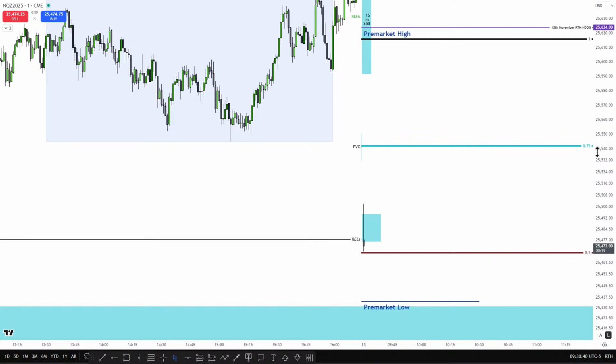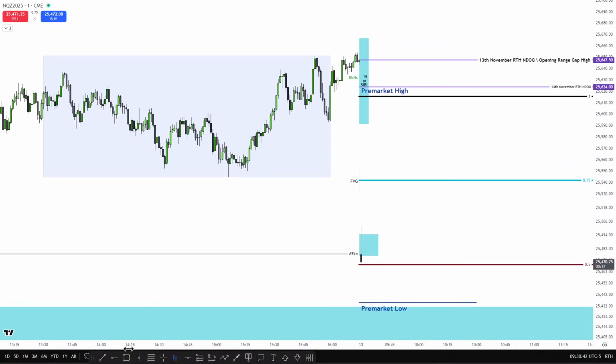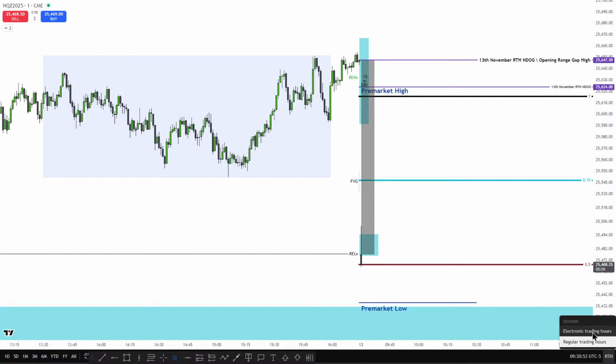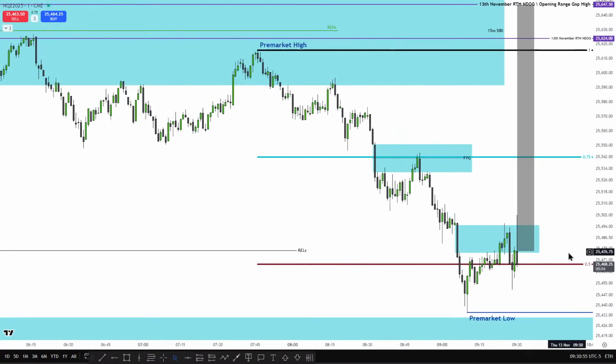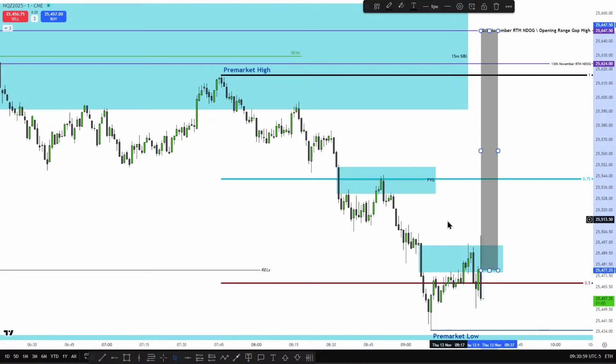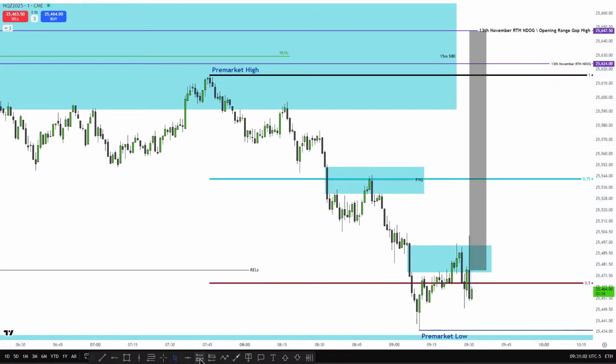Okay, there's our open. I want to see it react with a wick from some kind of level inside of the opening range gap, and then use that to trade lower into the new week opening gap. Yeah, I'm gonna grade this.